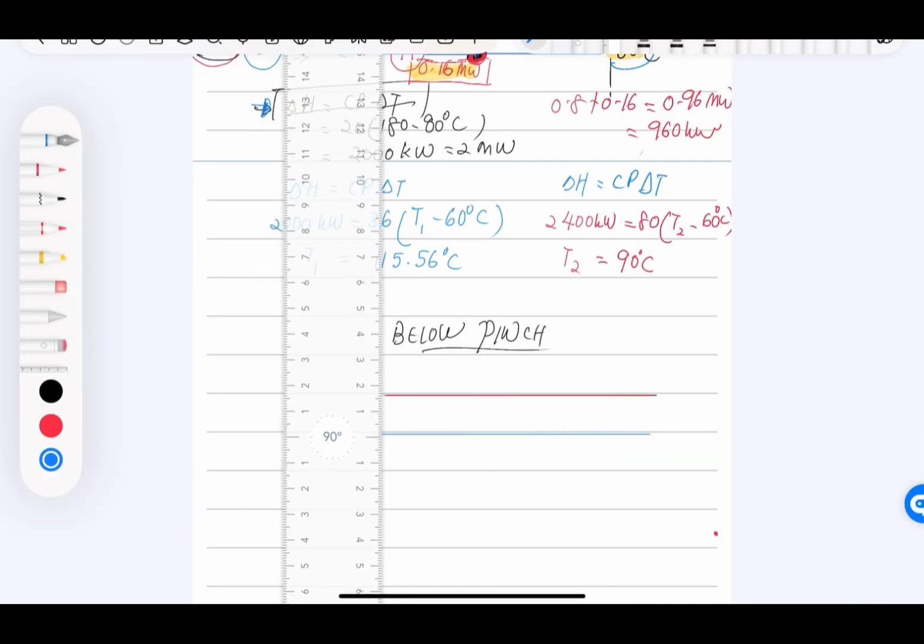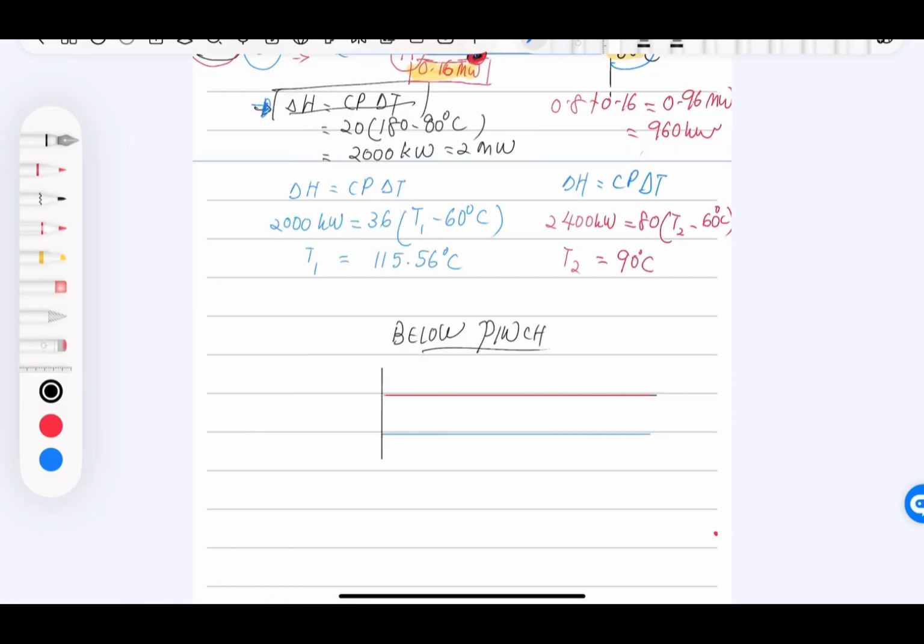And don't forget to show the pinch temperature. So the pinch temperature for hot stream is 70, for cold stream is 60. So hot stream 70, cold stream 60.